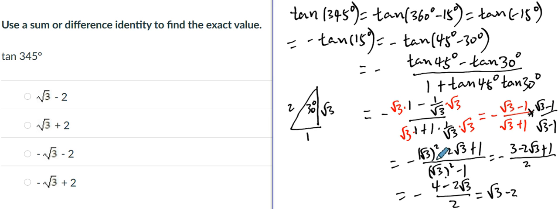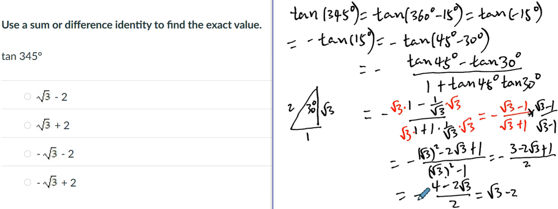Now you have a radical 3 squared, which is 3, plus 1. So you have a 4. And here is minus 2 radical 3. And then you see you cancel 4 with 2, you get 2. You cancel 2 with 2, you get 1.